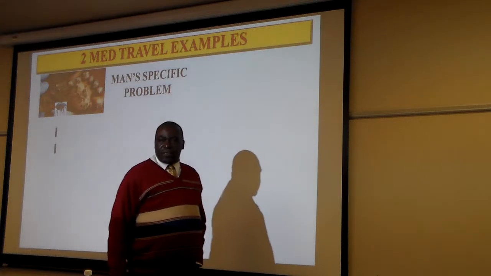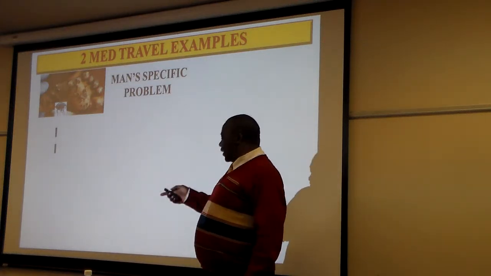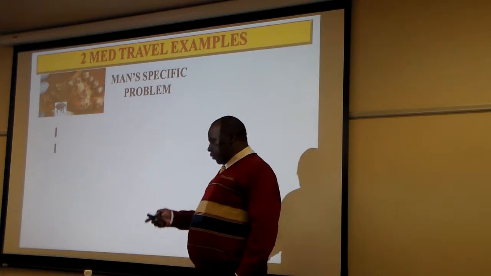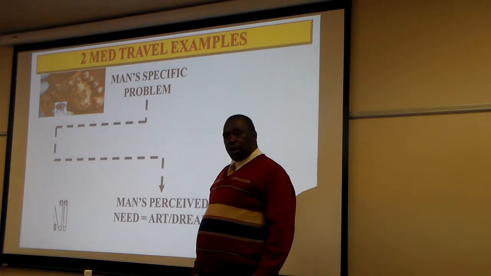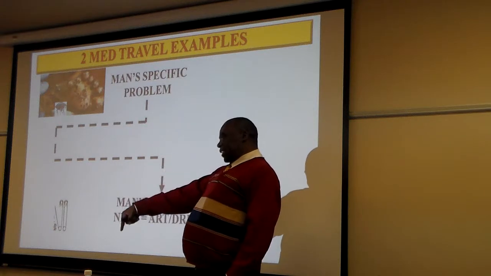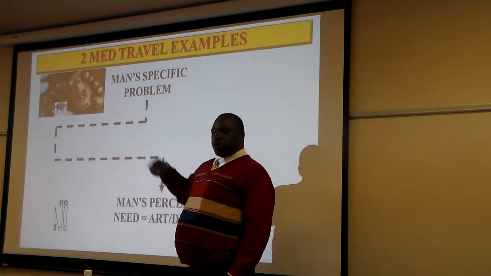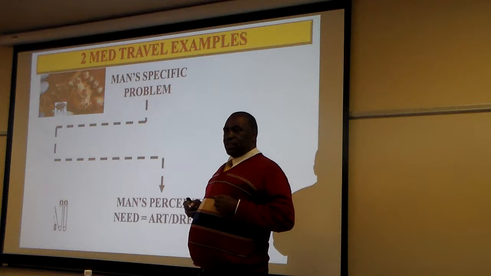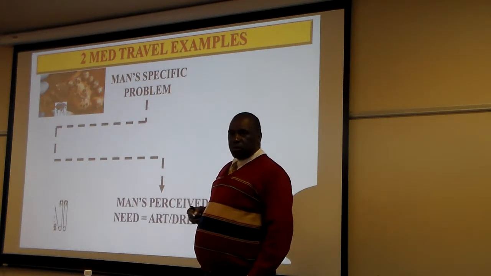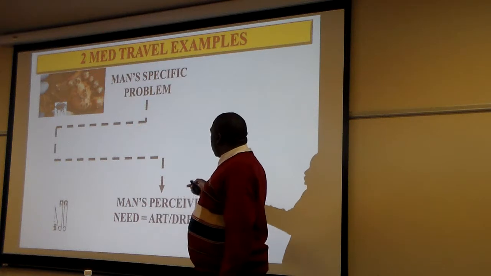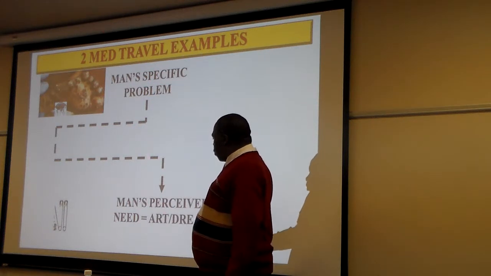That parasite has attacked his feet. The owner of that foot has a dream. He wants to be able to walk from his house at least to the outside to enjoy a bit of the sunshine. That is his dream. So the problem causes a dream.